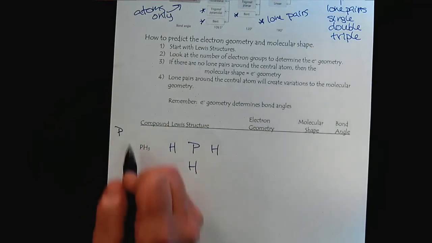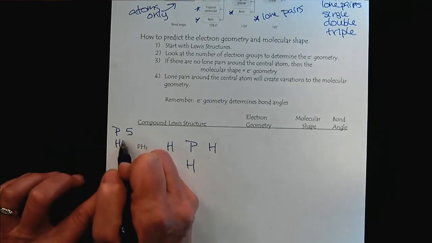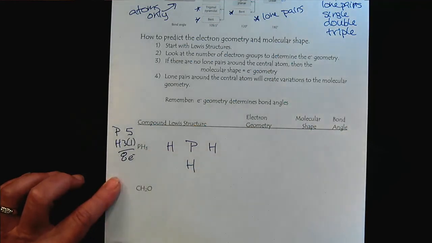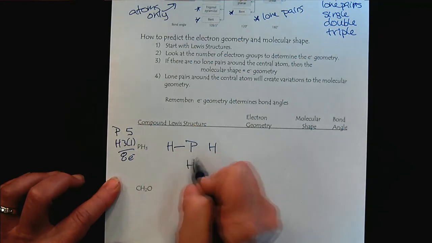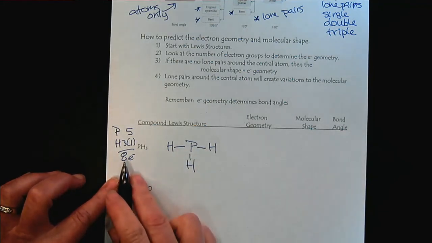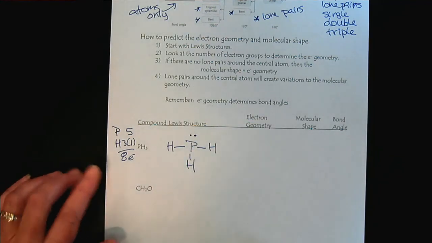So for phosphorus, it brings in 5. The hydrogens, 3 times 1. So we have 8 valence electrons. The first 6 go into connecting our atoms. We've got 1 pair left, which works out perfect because phosphorus wants an octet.